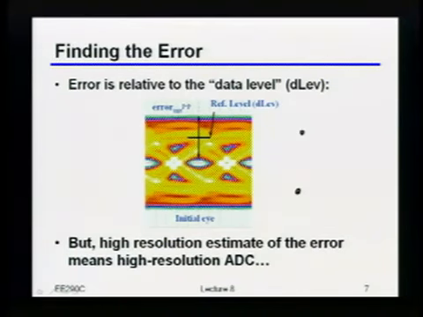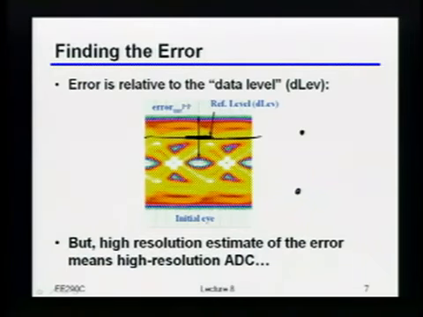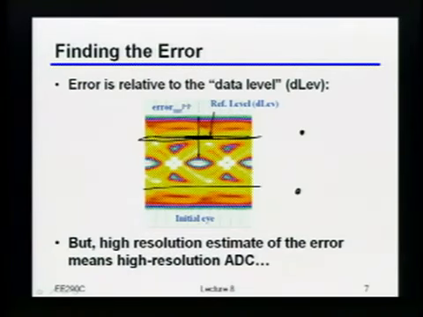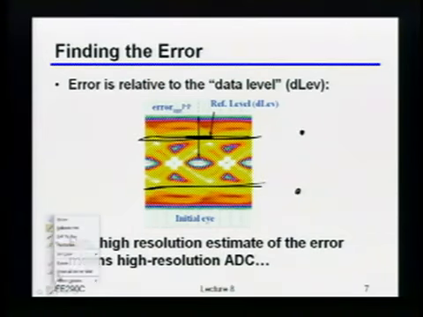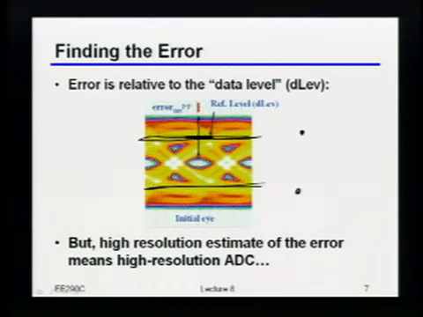So when I say error, what I really mean is, what are the excursions, or what are the analog voltages that I get that are not exactly just a +1 or not exactly just a -1? On this particular figure, I've drawn it on the upper side, but it's the same thing on the bottom side. So what I'm basically saying is my error is all of this stuff around that data level. Okay? Because again, if everything was perfect, then I would just get a perfect +1 or -1.